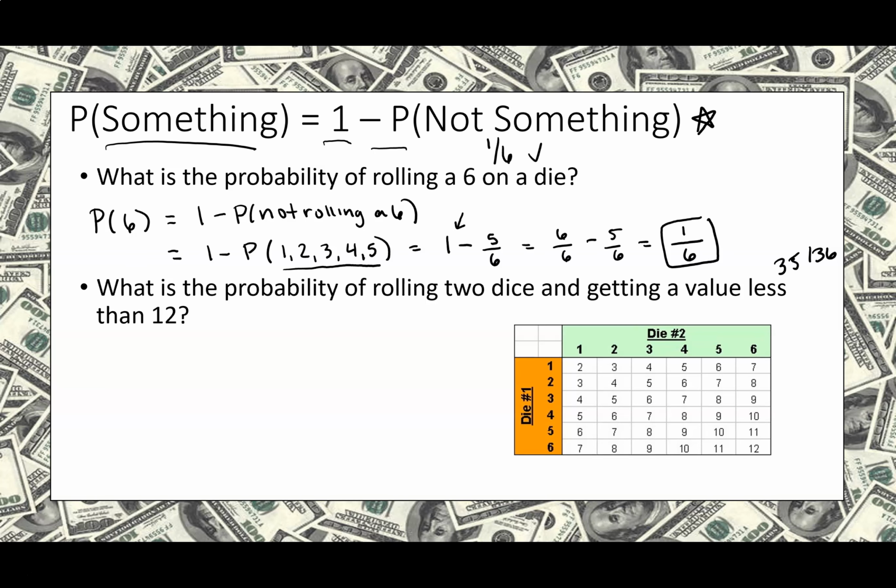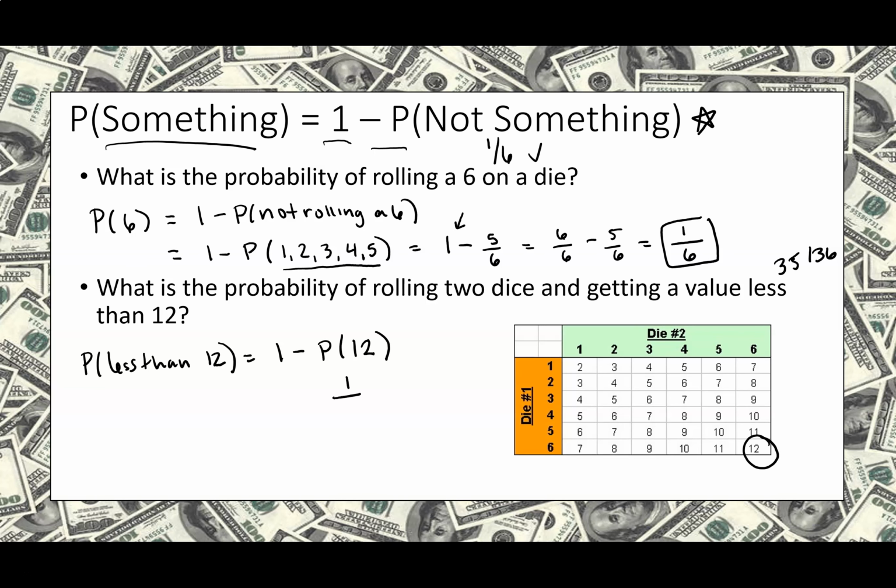All right, well, the probability of getting a value less than 12 is going to be equal to 1 minus the probability of not less than 12. Well, what's not less than 12? That would be 12 or greater, or in this case, really just 12, because that's our max. Well, what's the probability of getting 12 here?